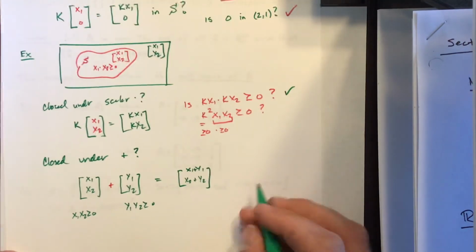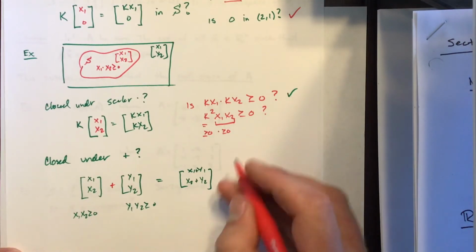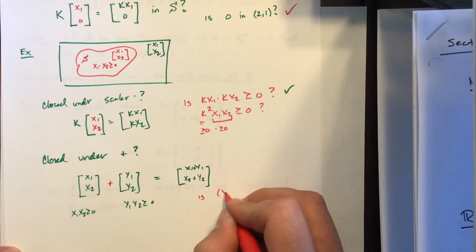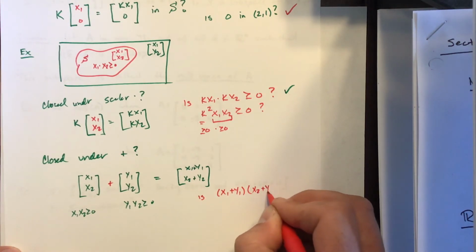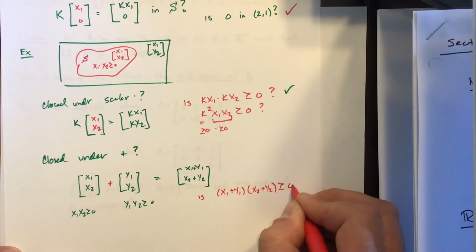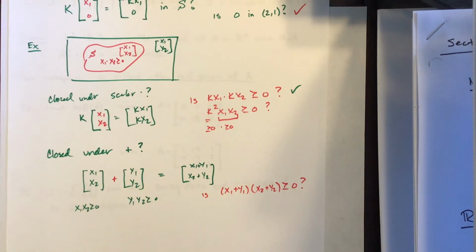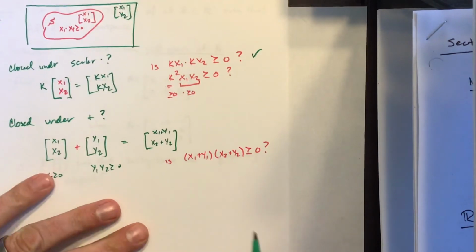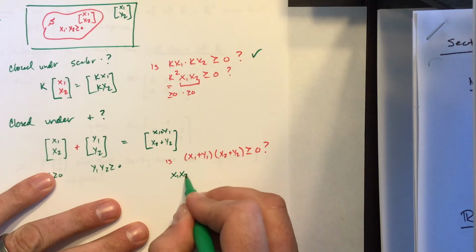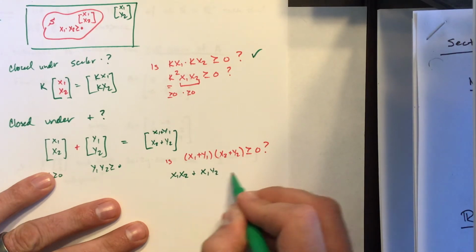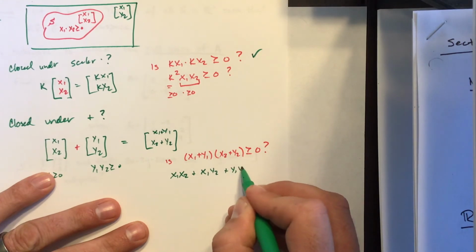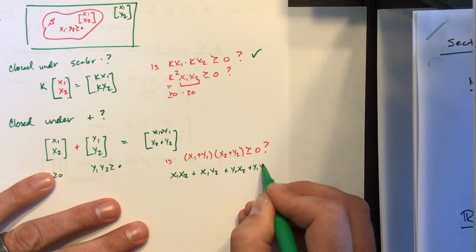And the question that we need to answer, I'll write it in red, is x1 plus y1 times x2 plus y2 guaranteed to be greater than or equal to 0? Now we can do some multiplication here. This is x1 x2 plus x1 y2 plus y1 x2 plus y1 y2.